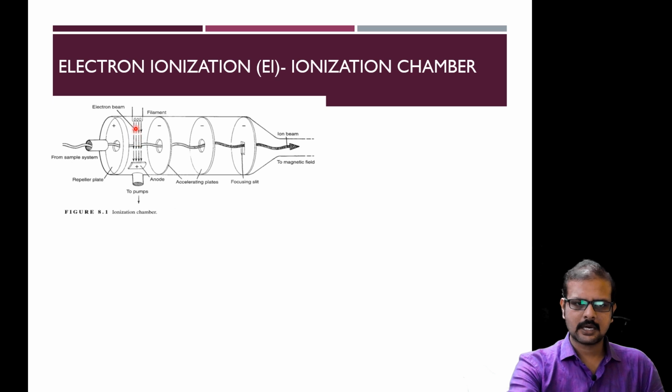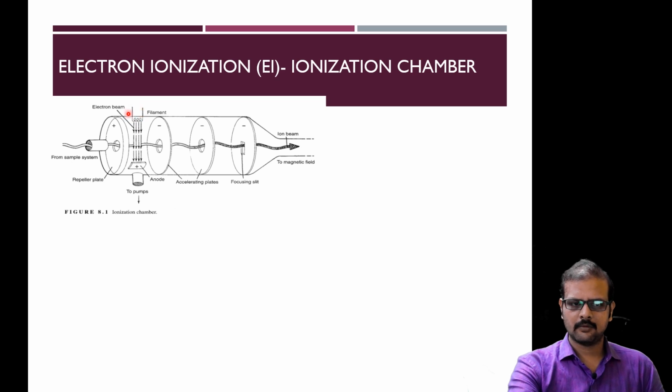This is where the ions are formed, and this is where the different ionization techniques differ. Some use electrons, some use ions, some use neutral molecules, some may use light. So different sources of energy are used here, depending upon the ionization method.